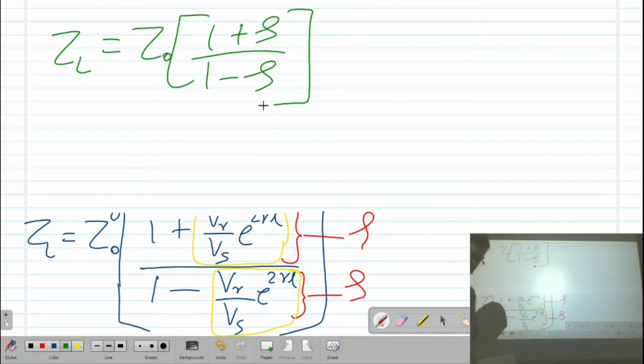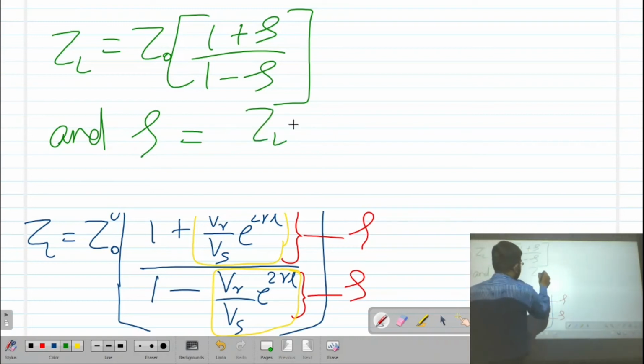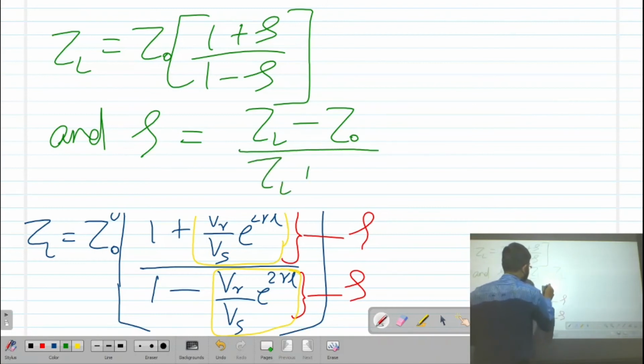This is the obtained equation, and we can also have vice versa of it: the reflection coefficient is equal to ZL minus Z0 by ZL plus Z0.